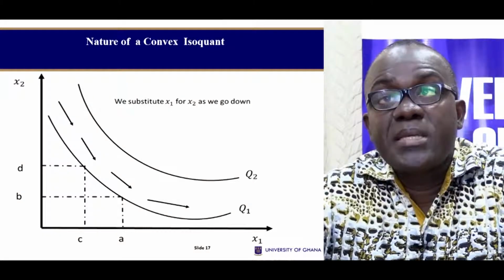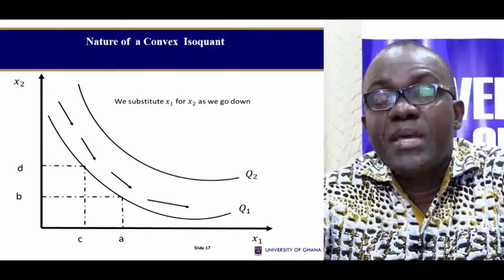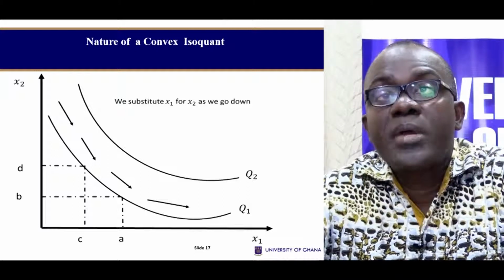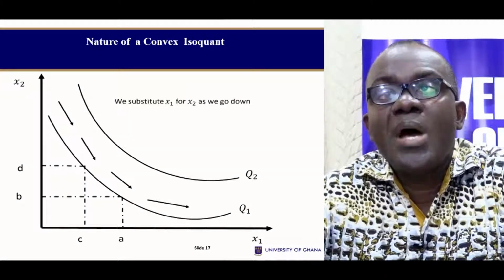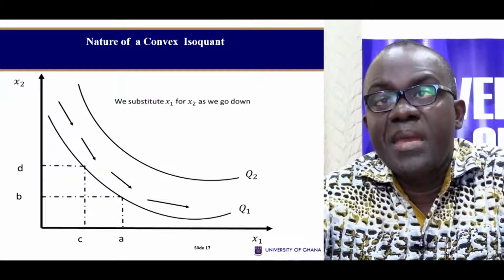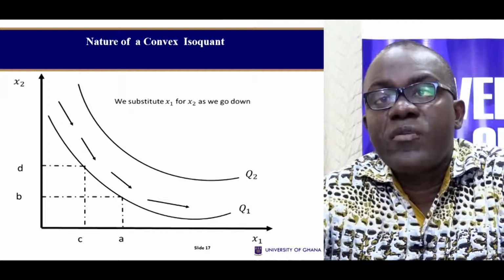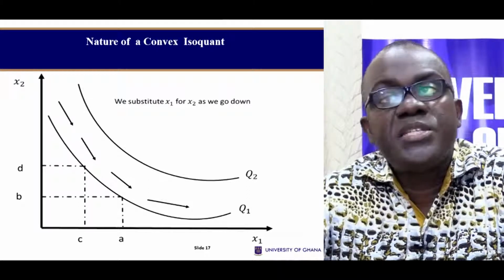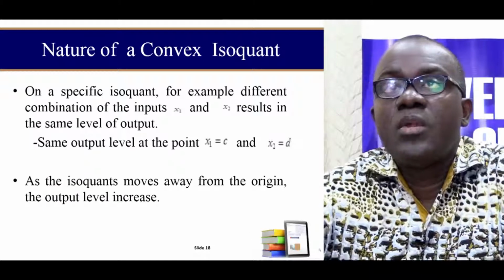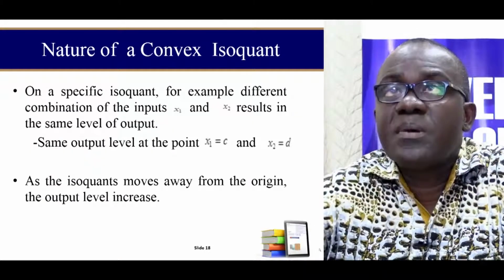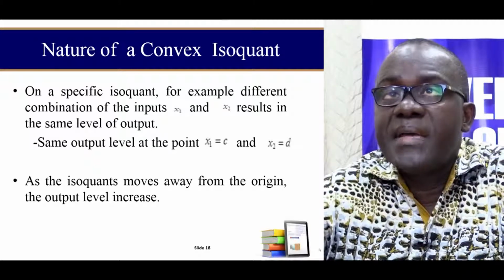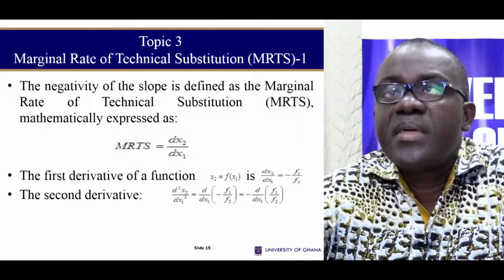So if you are located on this output level, whenever you reduce input x2 from B to D, you also have to increase input x1 from C to A to achieve the same level of output. These are some of the main characteristics of an isoquant. It's convex, as you can see over there.